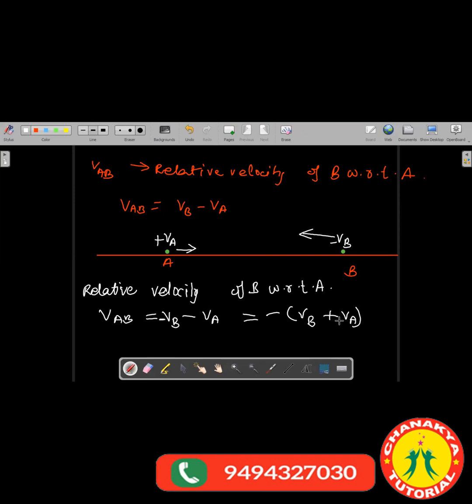Now, if I find out the relative velocity of A with respect to B, so relative velocity VBA, which means relative velocity of A with respect to B, we'll be writing it as VA minus VB. So VA minus of minus VB.